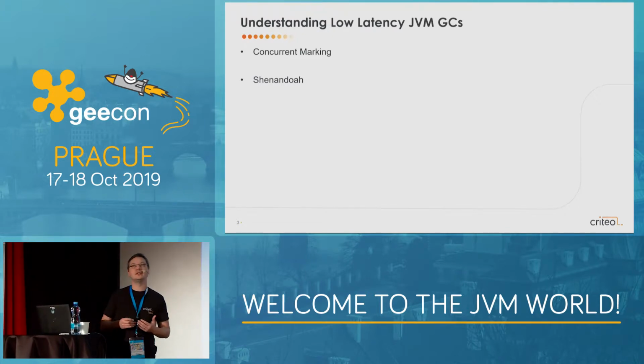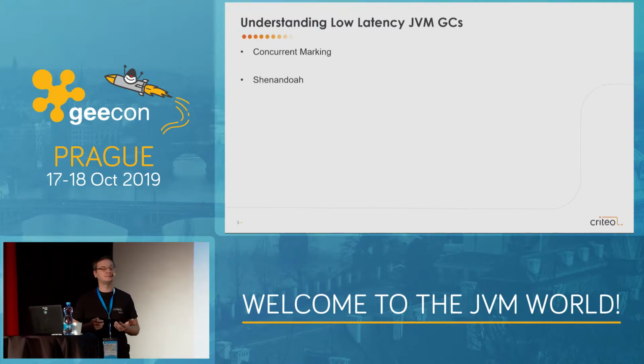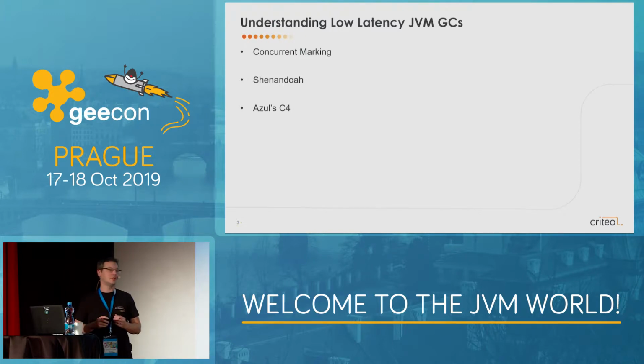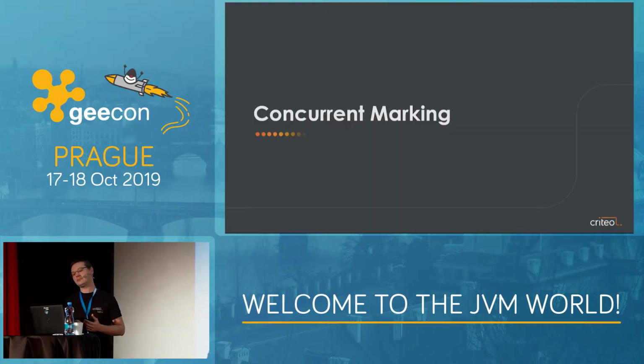Then we'll study Shenandoah first. Not the first that came up, but I put this order. Then Azul C4, which is a big part because I know this algorithm better, then ZGC, and finally we will help you choose between those GC algorithms.